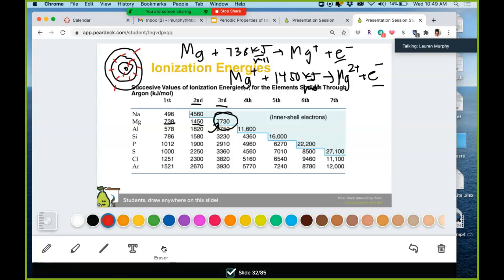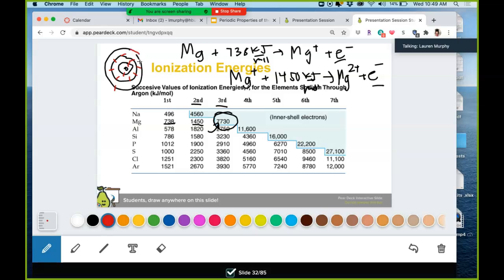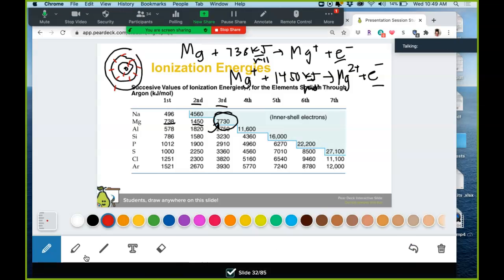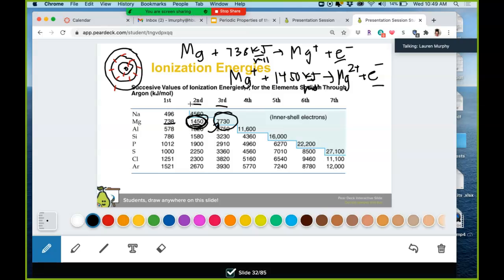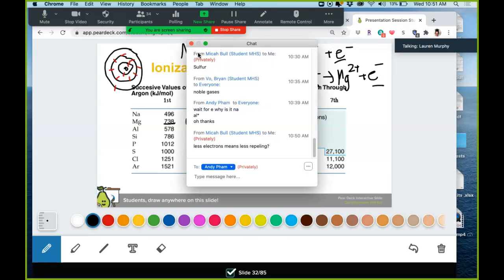Okay, so you rip off one. Now that's the first ionization energy. Why do you think it's harder to take another one? Now it's not super hard. Magnesium's like, okay, I'll still give you another one, but you are going to have to work a little harder for it. Why? So this is a concept we've learned.